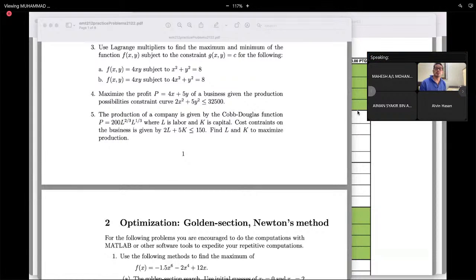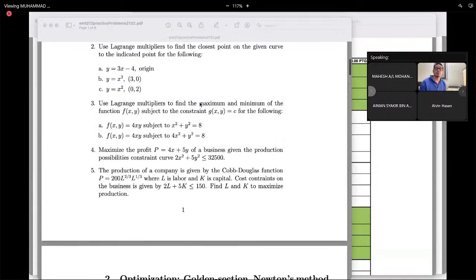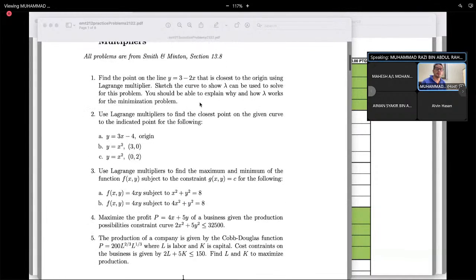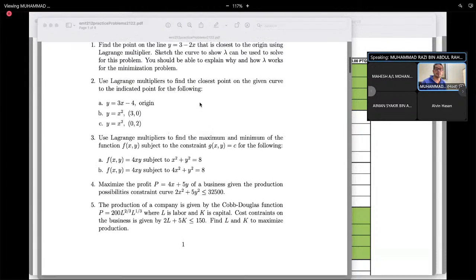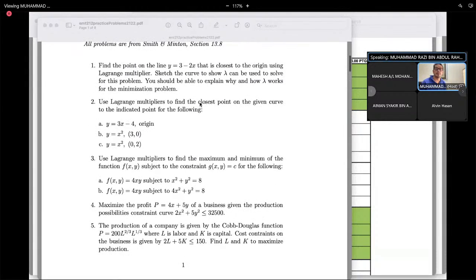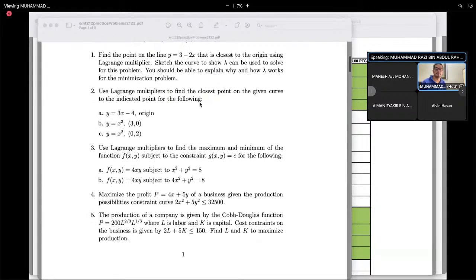For section 1, you have 5 problems. Any problem you want to see other than 3B?